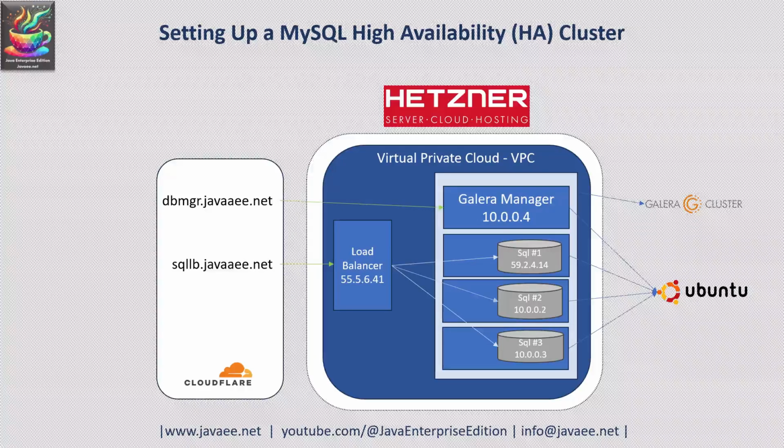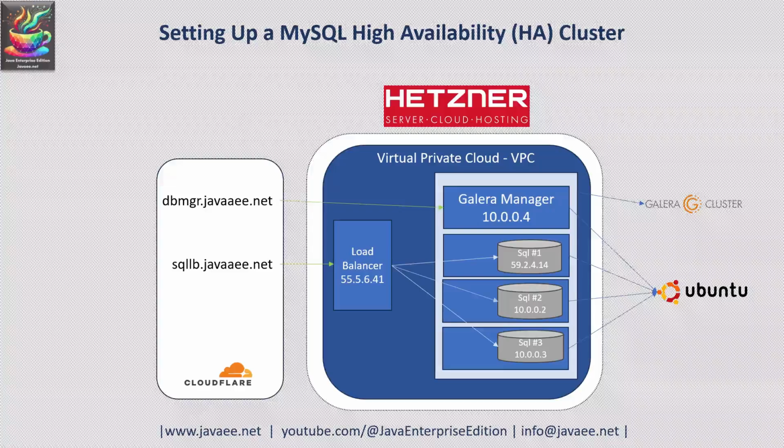So this is the high-level architecture for the MySQL clusters that we have been discussing, right? As I said, we'll be using Cloudflare and Hetzner to set up the MySQL cluster. On the left side, as you see, we have Cloudflare. We will be setting up these two DNS host names.